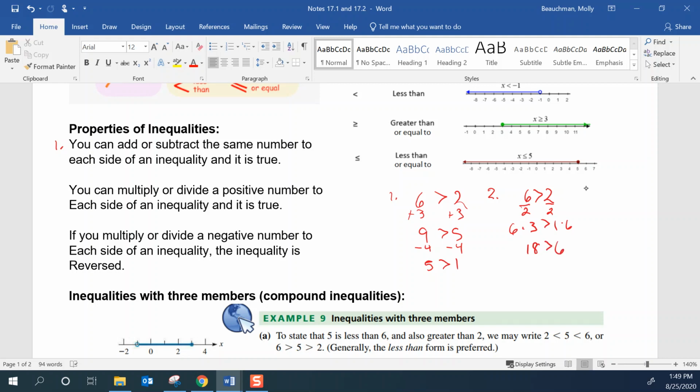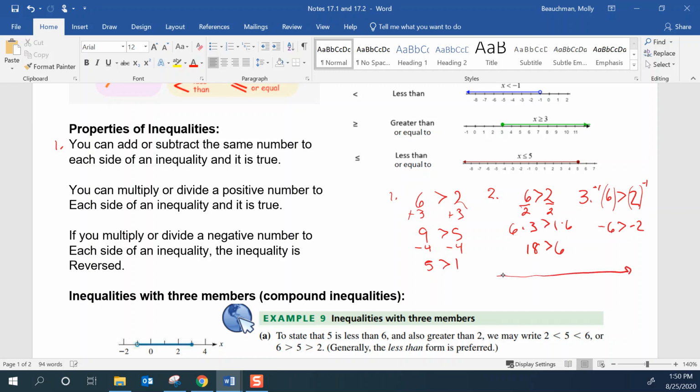That's property 2. Property 3 is what you have to remember when we're solving inequalities. If you multiply or divide each side of an inequality by a negative number, the inequality is reversed. So if 6 is greater than 2, and we multiply both sides by -1, I end up with -6 is greater than -2. That's not a true statement anymore.